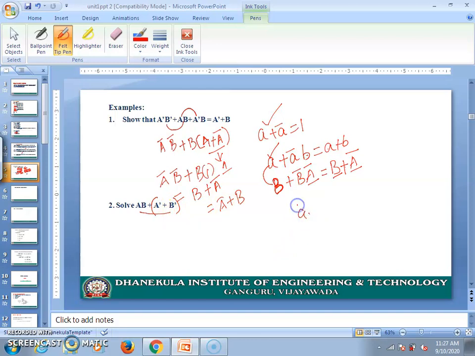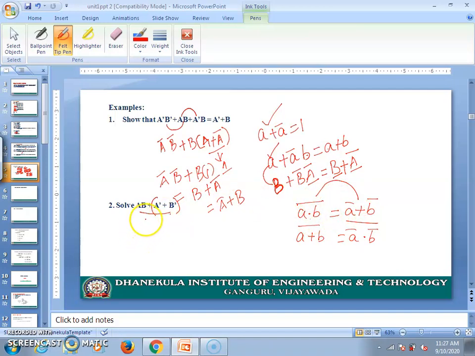A dot B whole bar is equal to A bar plus B bar, and another one is A plus B whole bar is equal to A bar dot B bar. If you compare this A bar plus B bar with this one, here it is also A bar plus B bar. So now I am replacing this A bar plus B bar by A dot B whole bar.